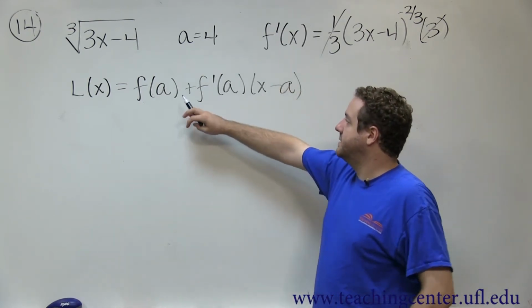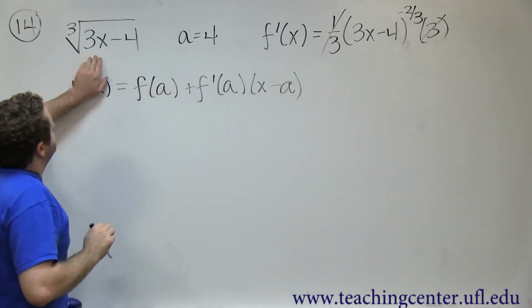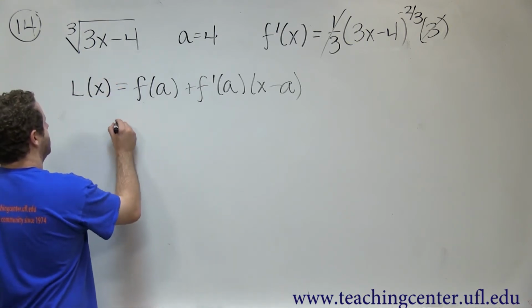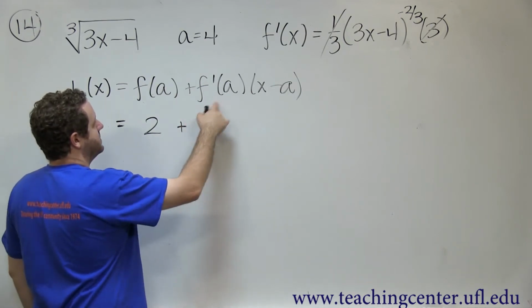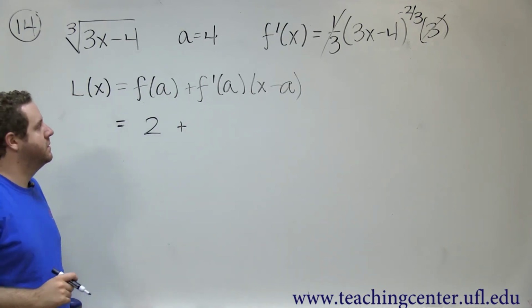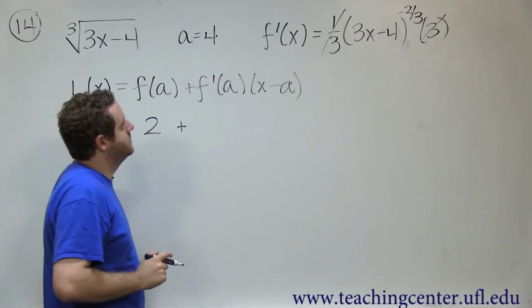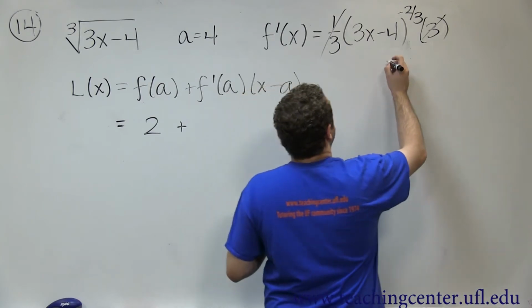So f of a is plug in 4 to our original function. Well, this would give you 12 minus 4, which is 8. Cube root of 8 is 2. So we put a 2 here. Plus, what's our derivative at a? So we plug in 4 to our derivative. Let me write this as a fraction so this will be more clear.